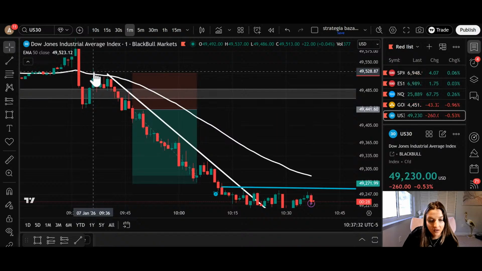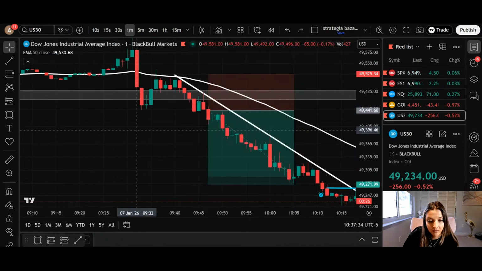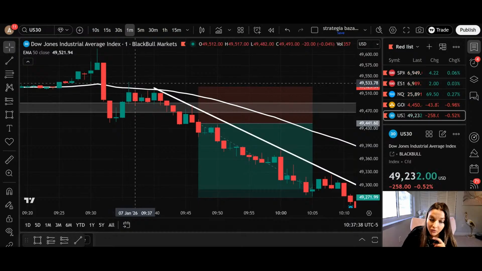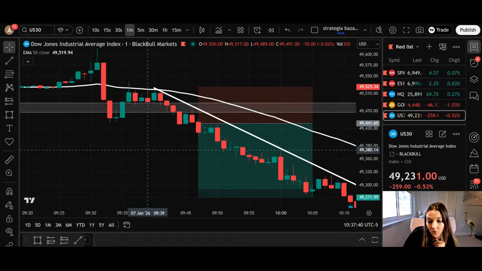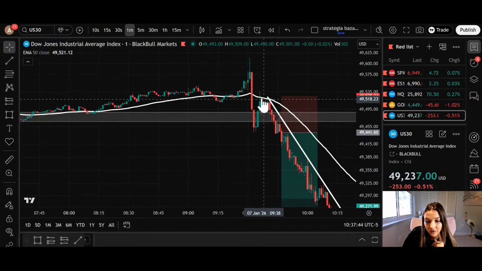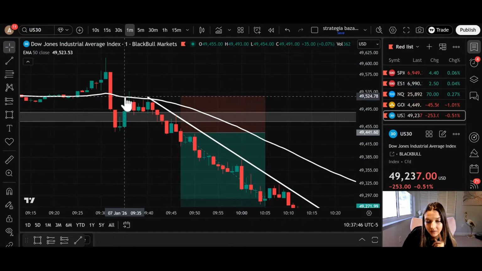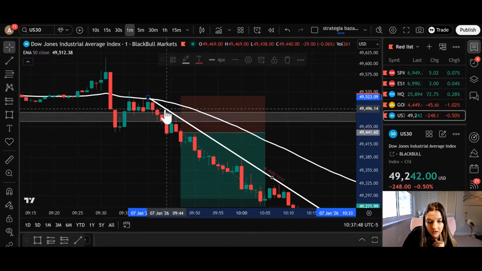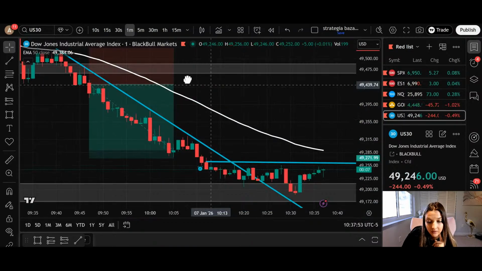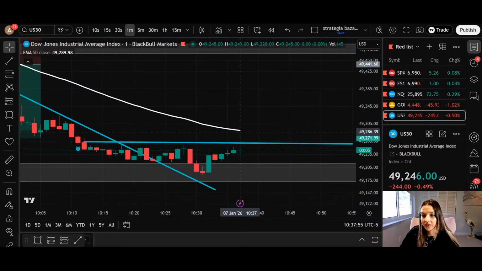Yeah, you can see here how nice it reacted at the EMA. You always want to look at the one EMA before. It reacted nice, so it might react again. And it reacted strong. You see? Let me change the trend line to a different color. Here we go. So yeah, you want to wait for this.